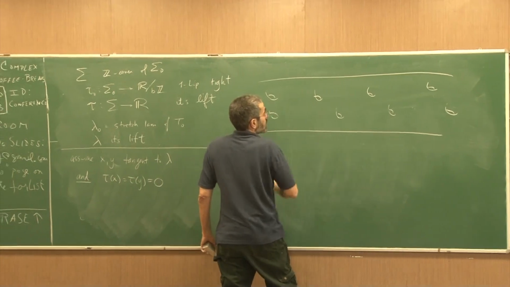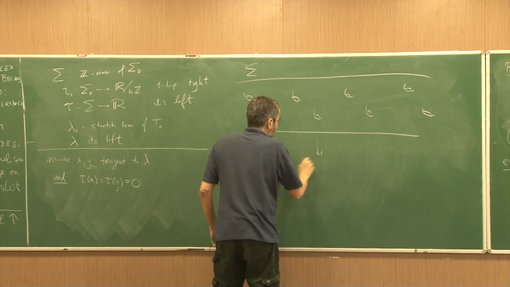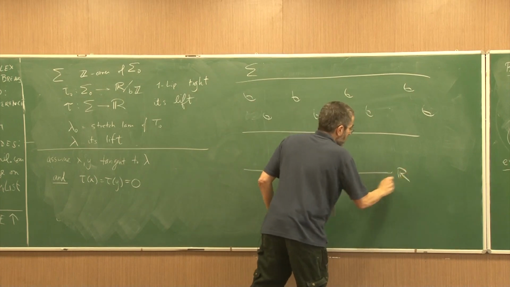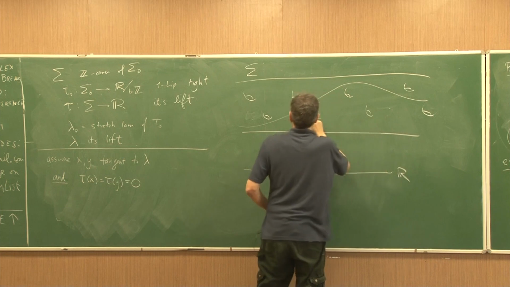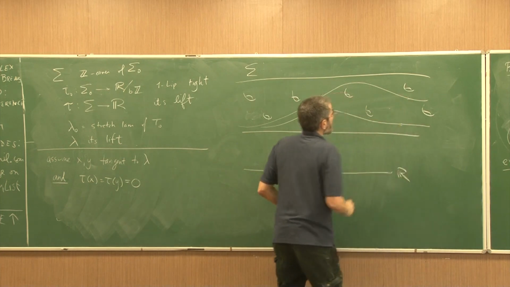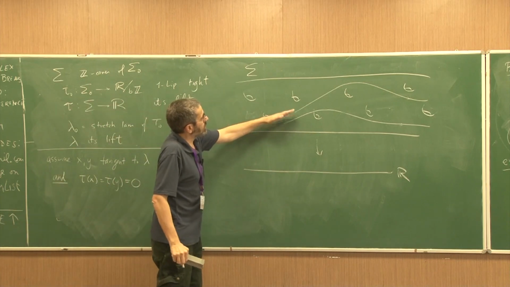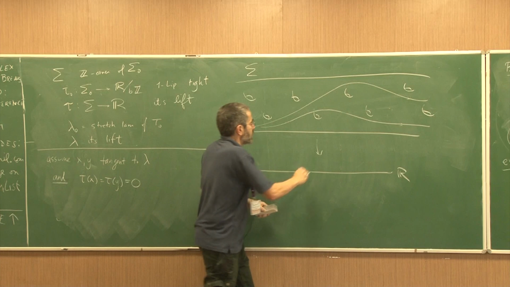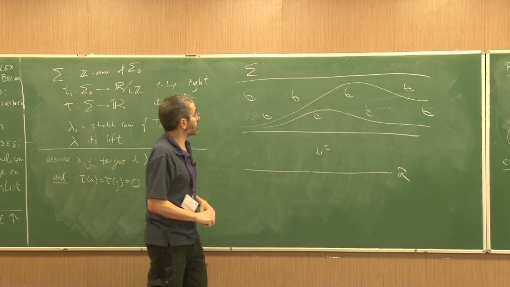Okay, so here's my periodic surface sigma, and there's a map to R, which we know is whatever these geodesic lines are. The map tau maps these lines isometrically to R. Okay, on the nose isometrically.